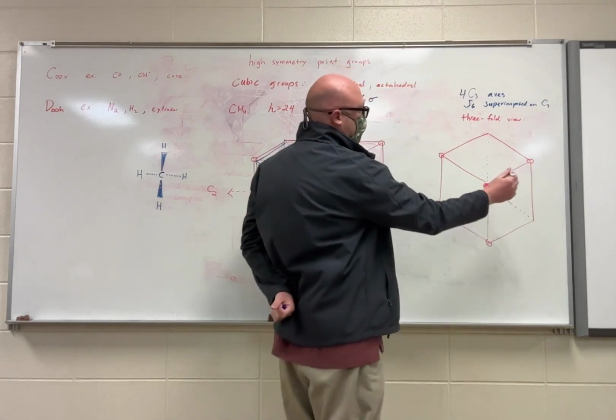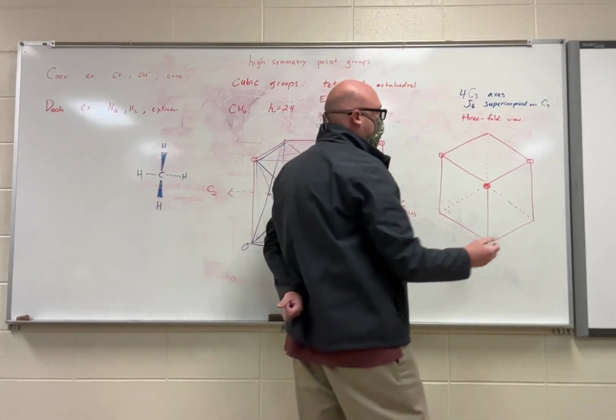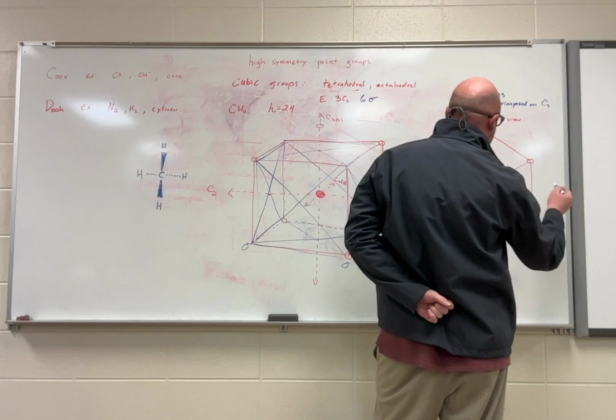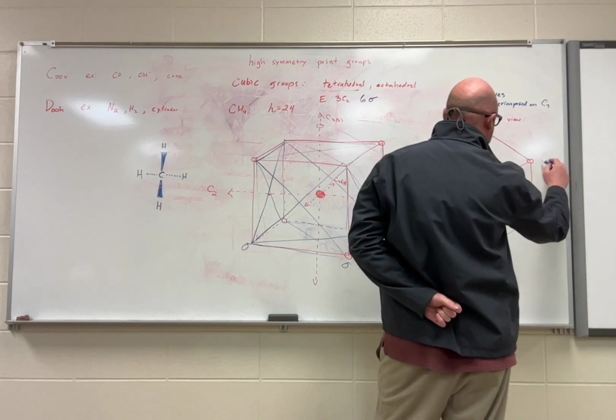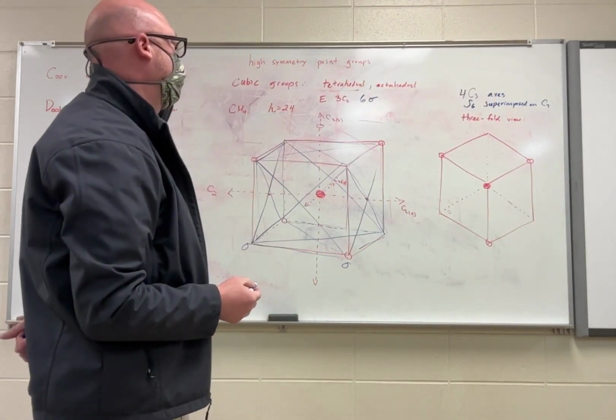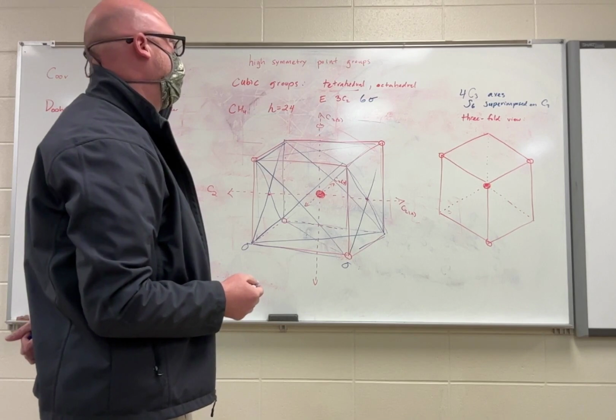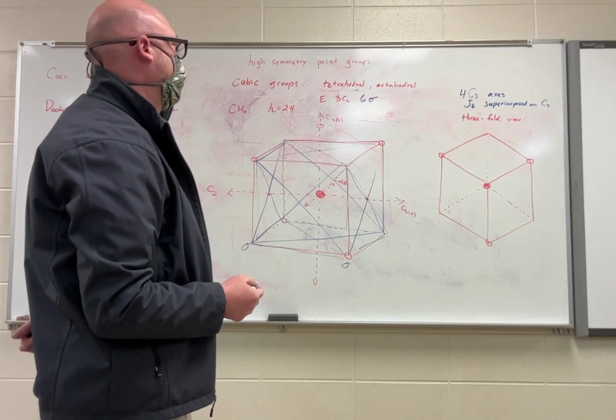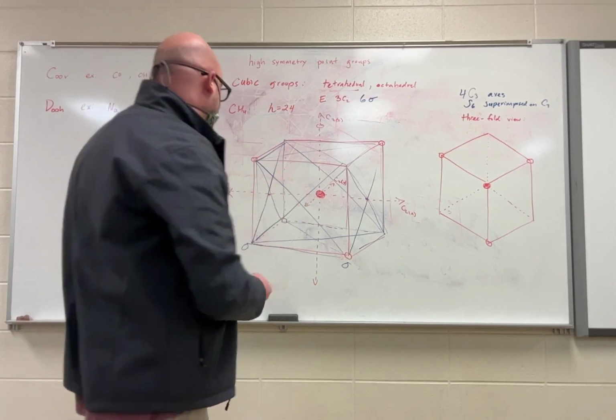And you can see it in this view again. If I rotate, oh wait, do I have an S6? No, there's no S6. I'm thinking of something else. So there's no S6.